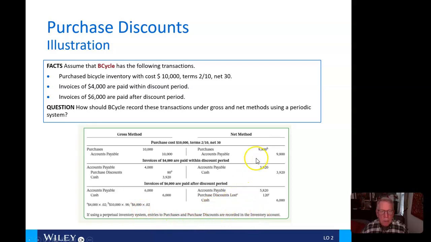But under the net method, we pretend that discounts are going to be taken. So we assume that $200 immediately in our purchases here at $9,800. And that's okay when you have the $4,000 here, because now I can just debit accounts payable for $3,920 and credit cash for $3,920.